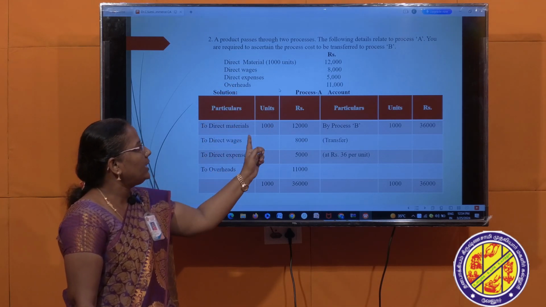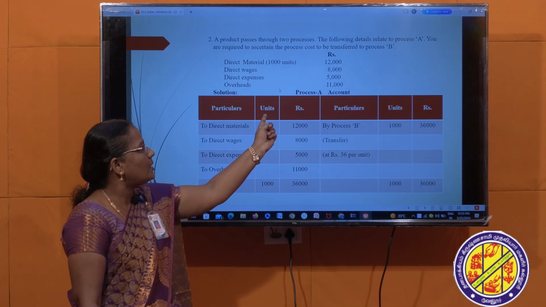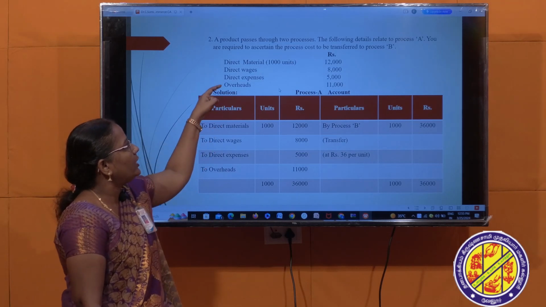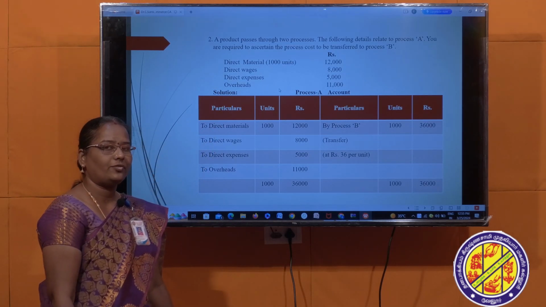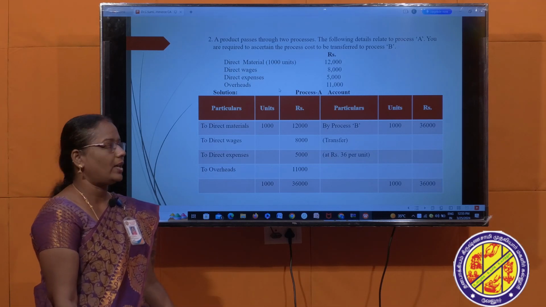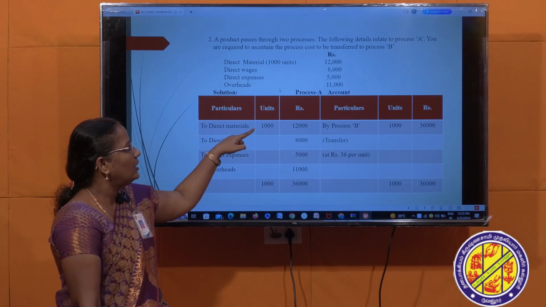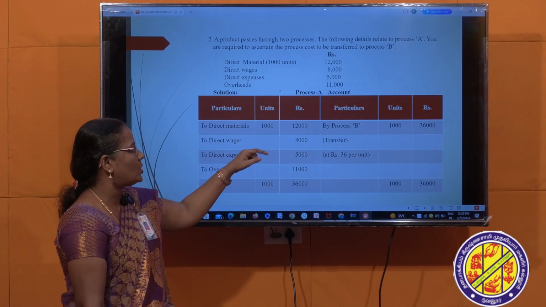On both sides we will use two columns, that is units and rupees. These are all related to expenses. According to the golden rules of financial accounting, all the expenses should be on the debit side only. Here, to direct materials, 1000 units, the cost is 12,000.